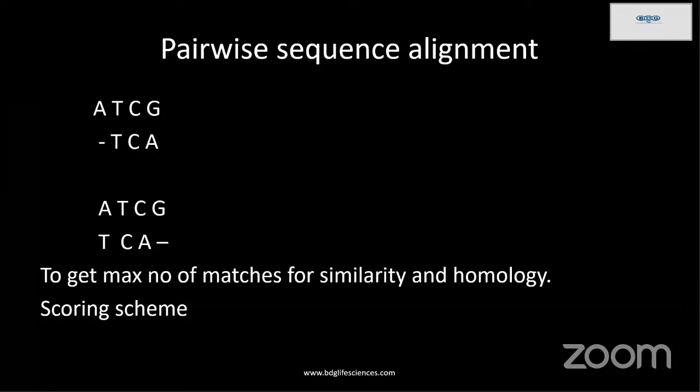So, if I decide to give positive 2, plus 2 will be for a correct answer. If there is a mismatch or a wrong answer, it will be 0. And if you don't attempt the question, it will be -2, right? So a gap penalty in case of alignment is like not attempting the question, okay?